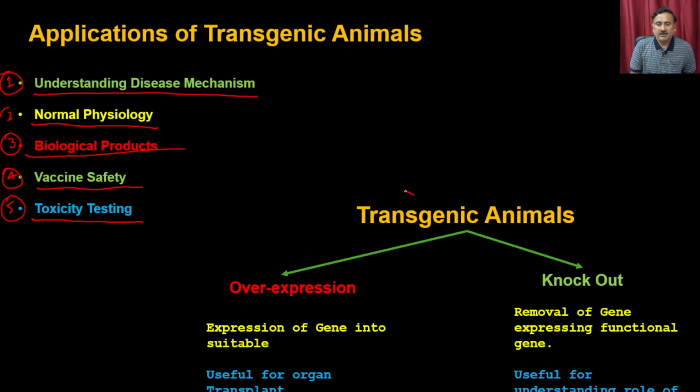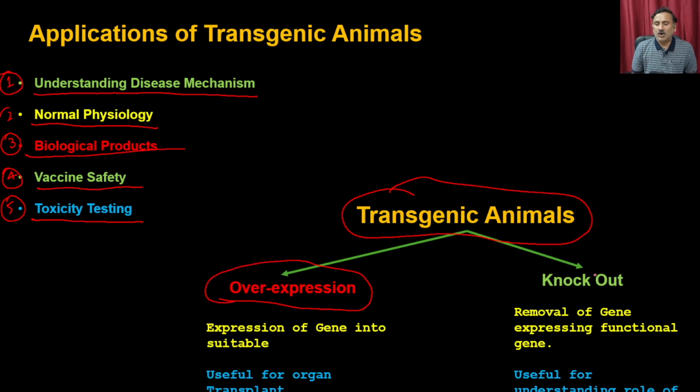As far as transgenic animals are concerned, you can have two different varieties: transgenic animals where you overexpress a protein, or where you remove a protein.